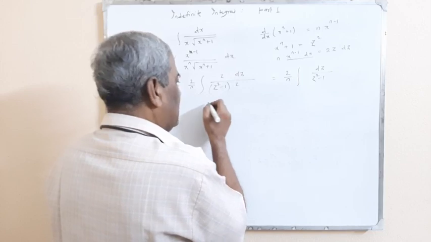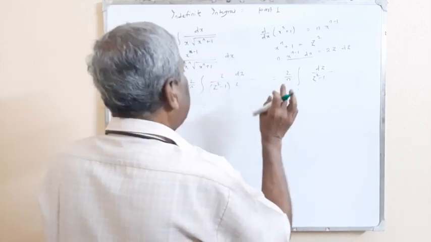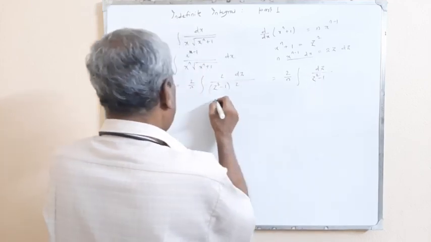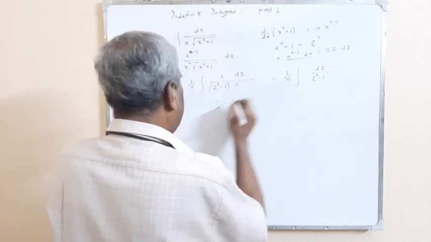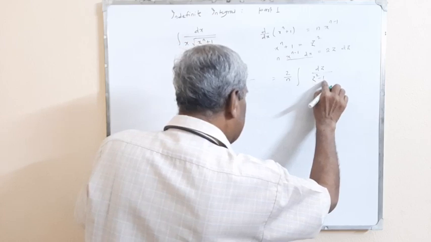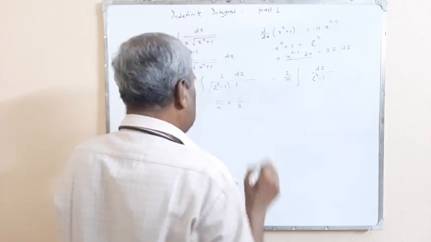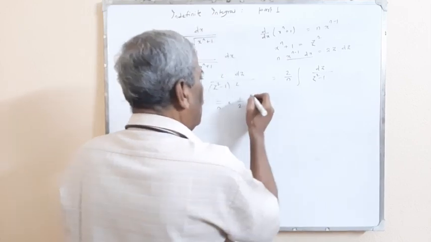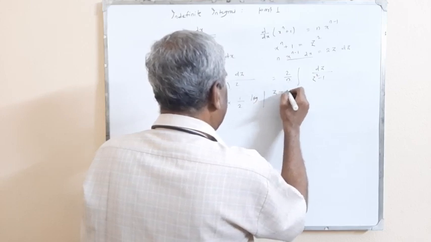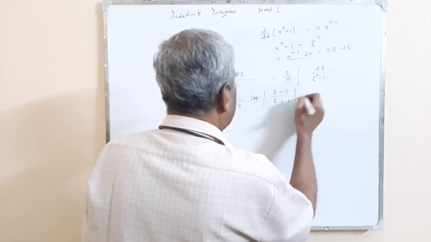So its formula is of this type: dx by x square minus a square. It is 2 by n constant into 1 upon 2a, where a is 1, so 1 upon 2a means 1 by 2, into log of mod of z minus a by z plus a plus c.